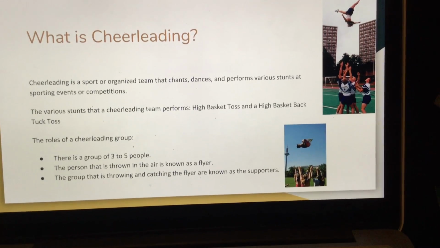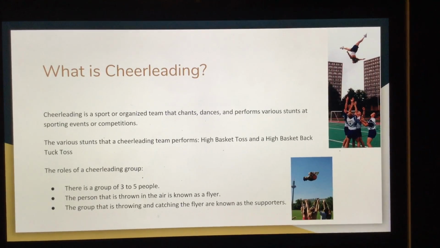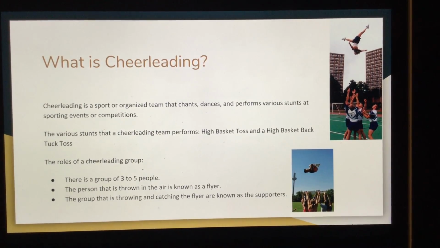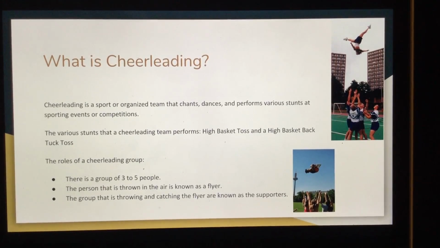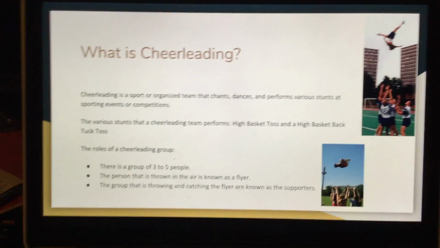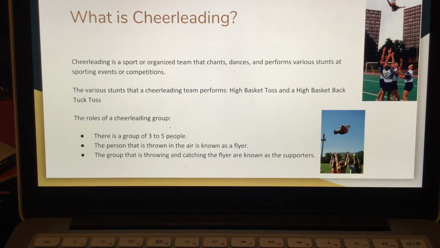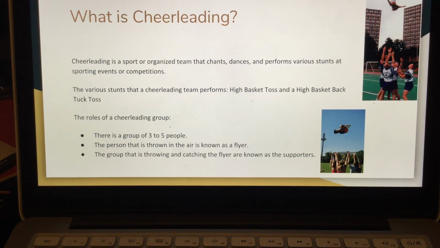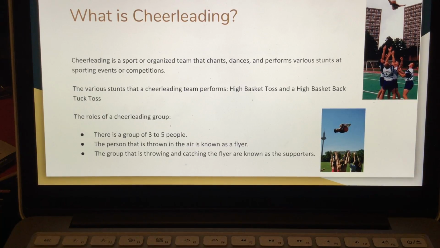But they begin by tossing the girl into the air from her backside, and then the girl will either stay on her back or do a stunt or a trick. The high basket back tuck toss is the image seen below. The individual is thrown into the air, and then she will tuck her head or knees or both, and rotate to make a flip or several flips.